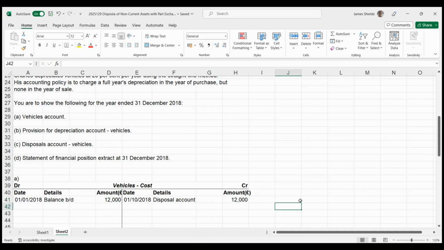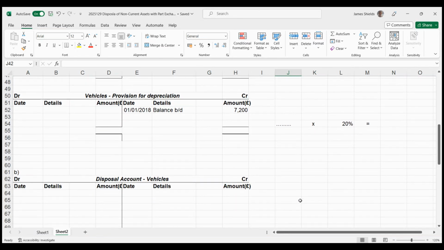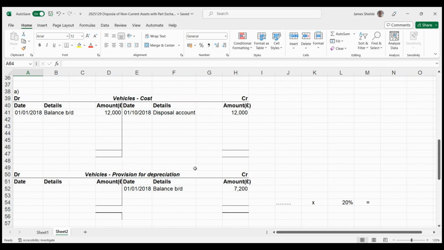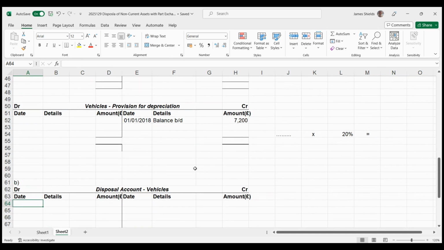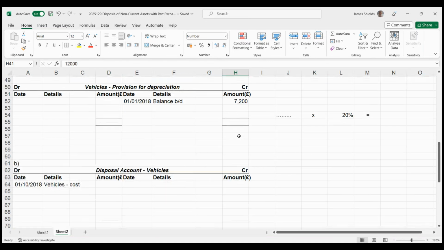Whilst we're doing that, I'll go to the disposal account now. And here we go. So you credit your cost account, you debit your disposal account. The 1st of October, it comes from our vehicles cost account, and the amount was the £12,000.